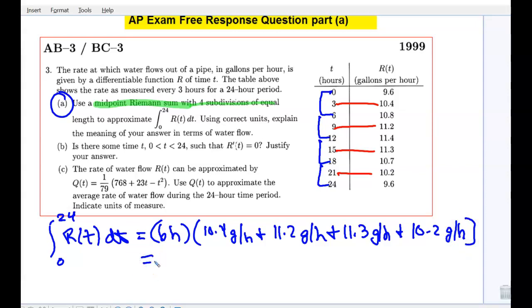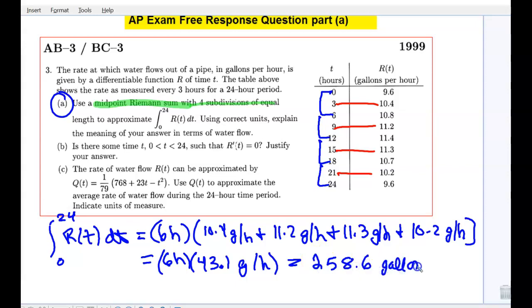And if I add up all those values, that is going to equal 43.1. So I have 6 hours times 43.1 gallons per hour. And if I multiply those together, I'm going to get 258.6 gallons.